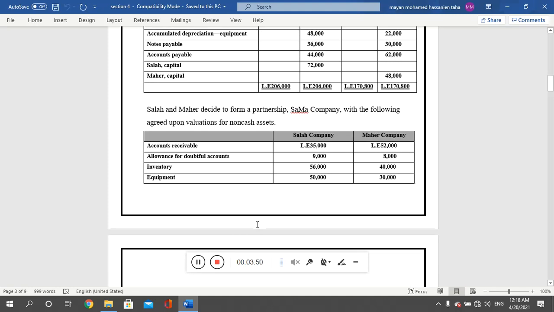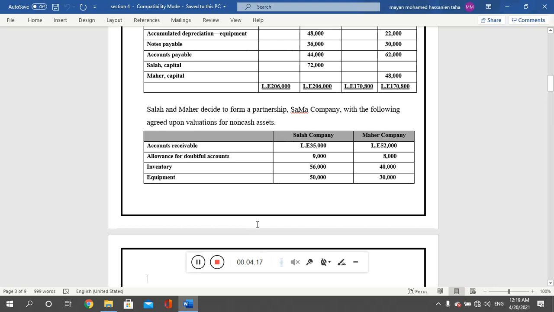Salah and Maher decide to form a partnership. This partnership will be called Sama Company, the new partnership that will result from merging Salah and Maher's sole proprietorships, with the following agreed upon valuation for non-cash assets.